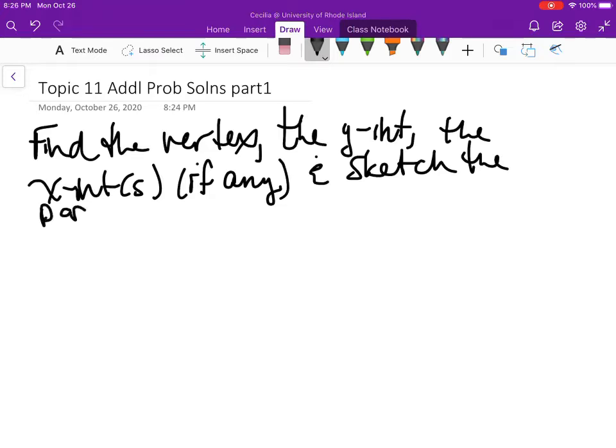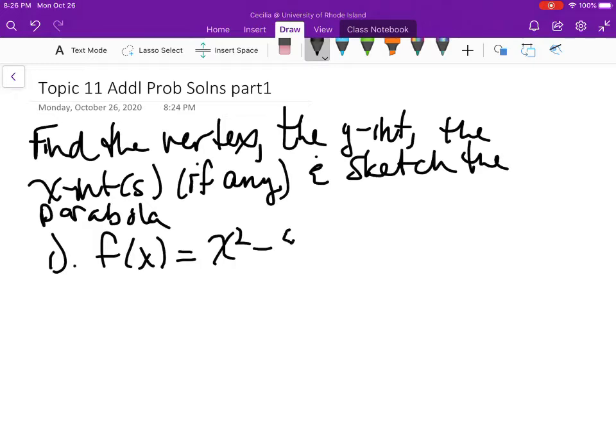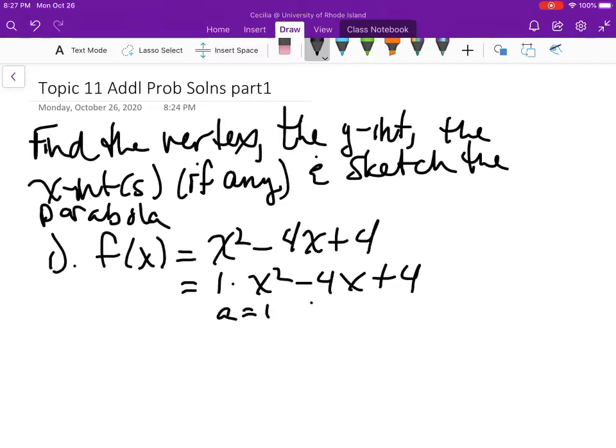So, the first problem is f of x is equal to x squared minus 4x plus 4. Notice that this is 1 times x squared minus 4x plus 4, and that the a is 1, the b is negative 4, and the c is 4.